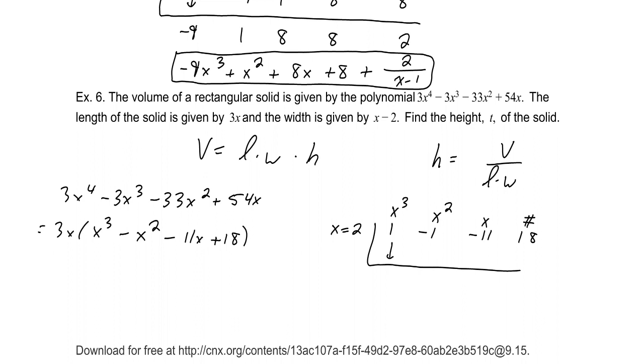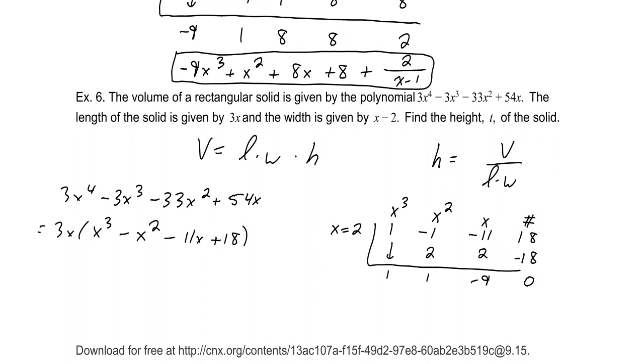Bringing our 1 down, 2 times 1 is 2, negative 1 plus 2 is 1, 2 times 1 is 2, 2 plus negative 11 is negative 9, 2 times minus 9 is minus 18, 18 plus minus 18 is 0.